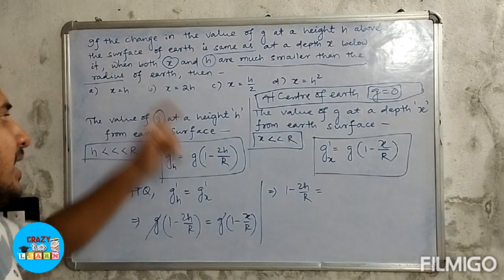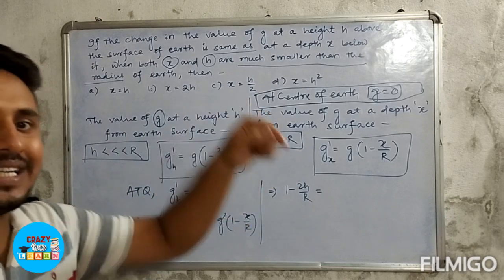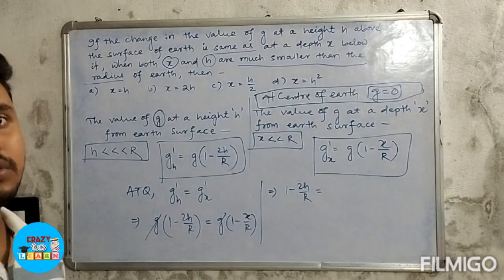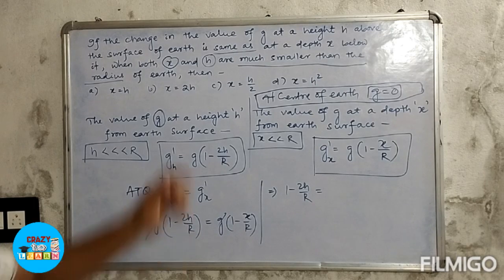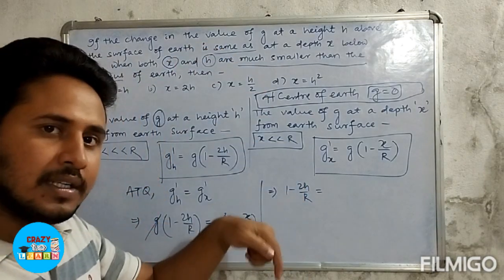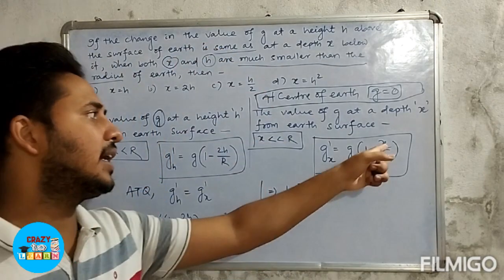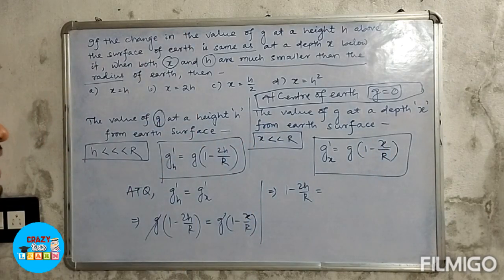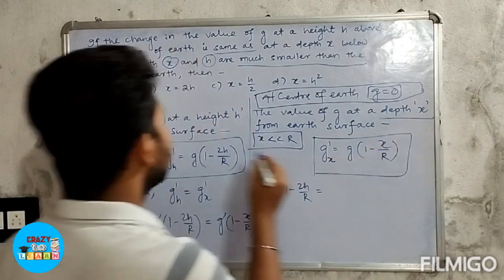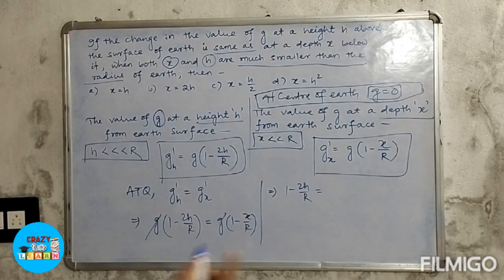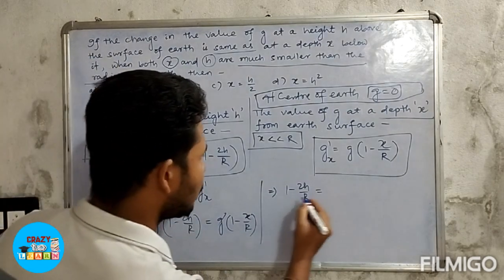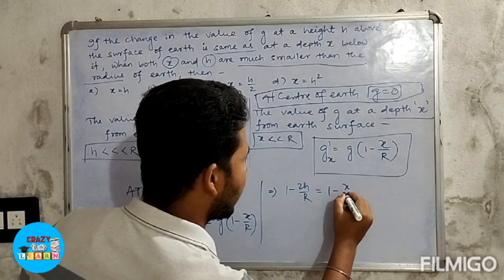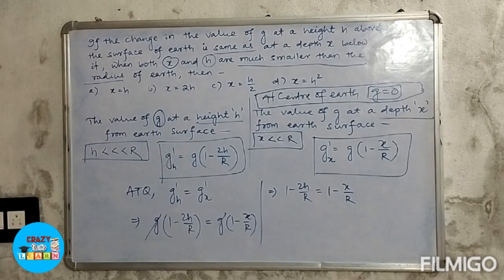For height I am taking h, and for the depth I am taking x, so that you will not be confused. How much distance we go inside the depth, we take it as x. How much height we go, we take it as h. Depth is x and height is h. To avoid confusion, I have distinguished them like this.